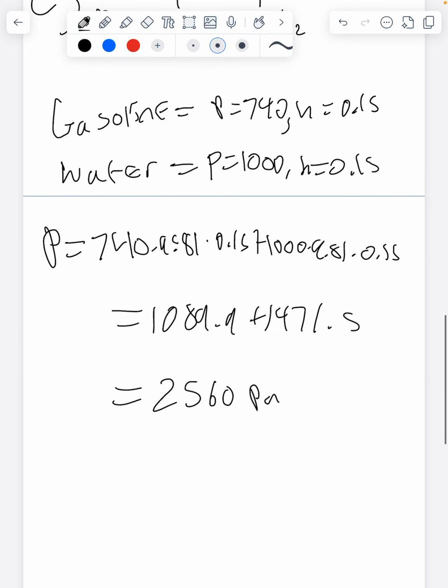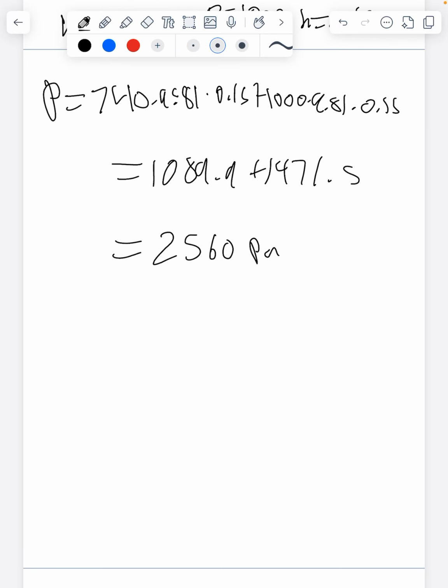These are the two pressure contributions. They're added together because they're stacked.